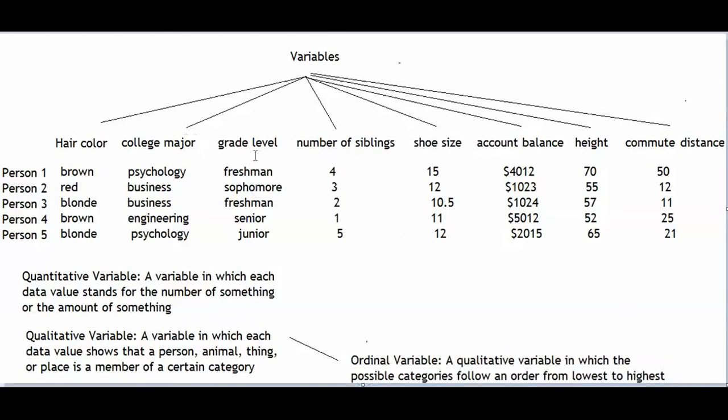Grade level is an ordinal variable because the possible categories of freshman, sophomore, junior, and senior follow in order from lowest to highest.